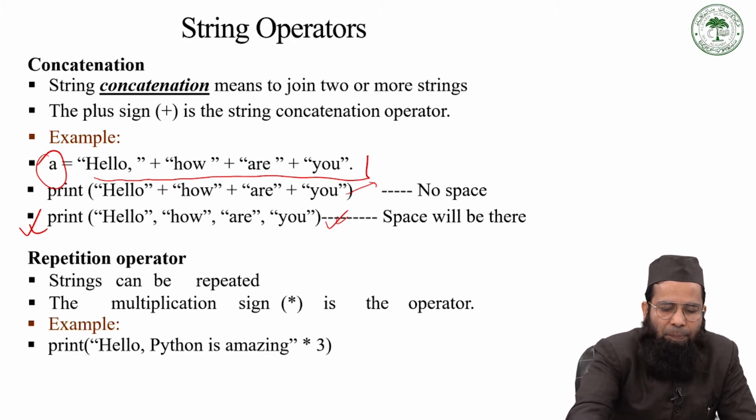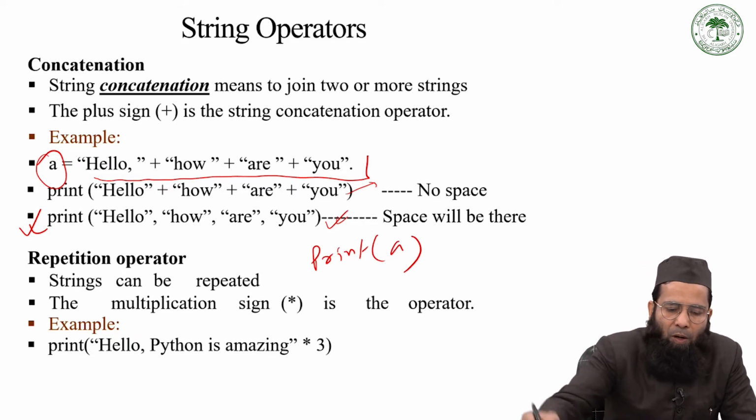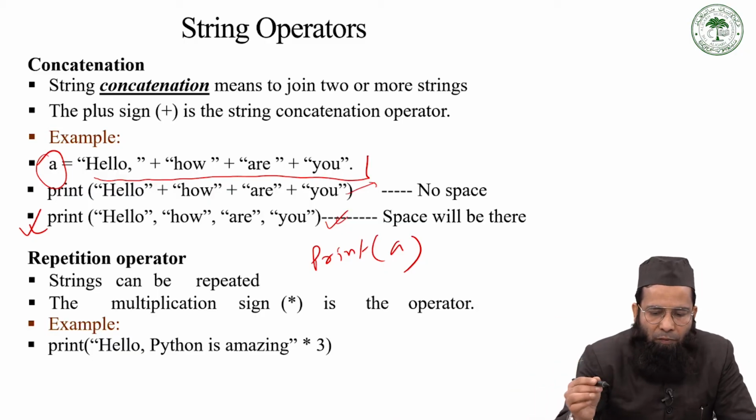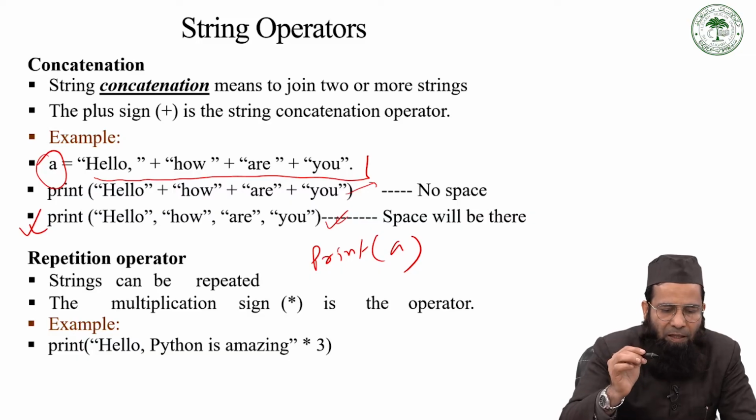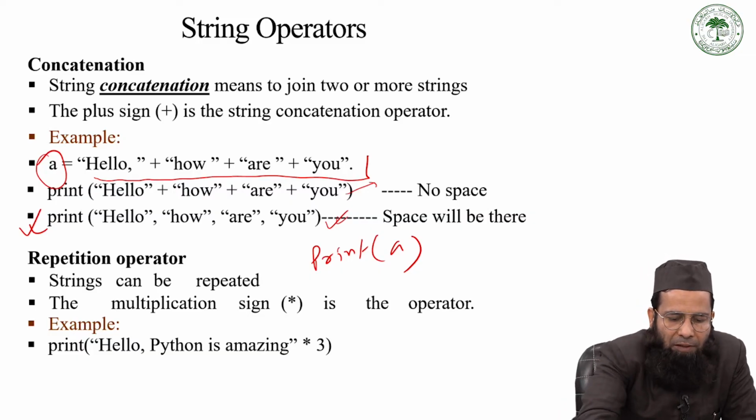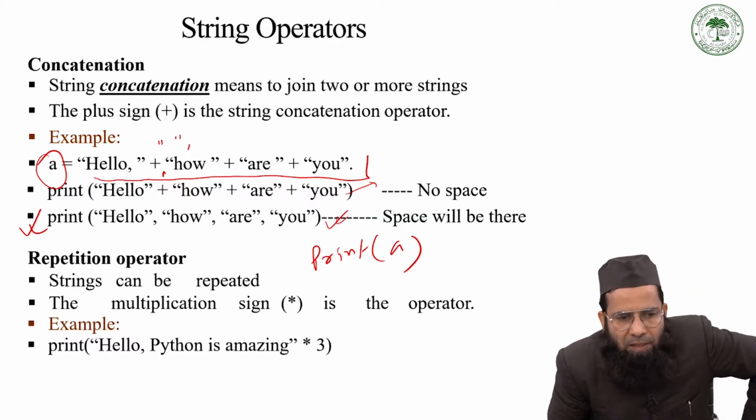So if I write print A, it will give me how are you, with no space. If you want to include some space, I will just write certain spaces after plus. Give one space. Similarly, after how, after are, after you. So in this way, you can add spaces.